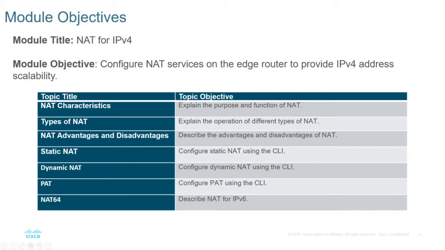NAT is utilized as our primary method of separating our internal private networks from basically the rest of the internet, or WAN, so public addresses. NAT was originally developed because we started to run out of IPv4 addresses.